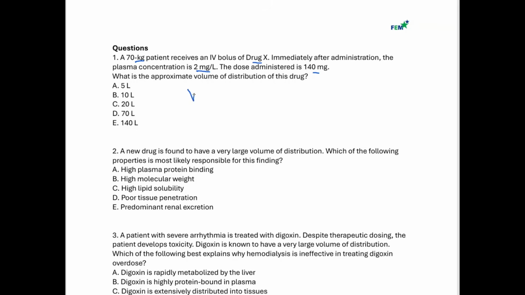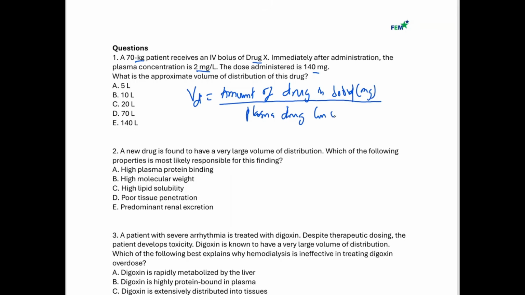Like we mentioned earlier, when we look at the formula for volume of distribution, it's going to be the amount of drug in the body, which is going to be in milligram, divided by the plasma drug concentration, which is going to be in milligram per liter.